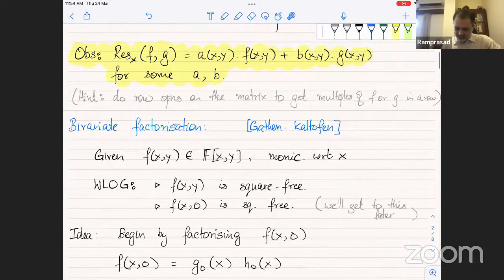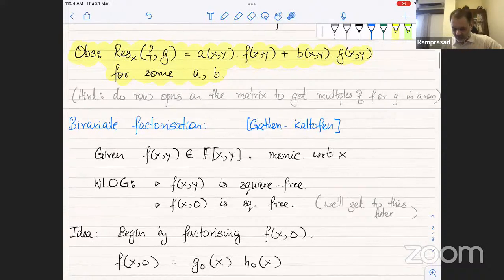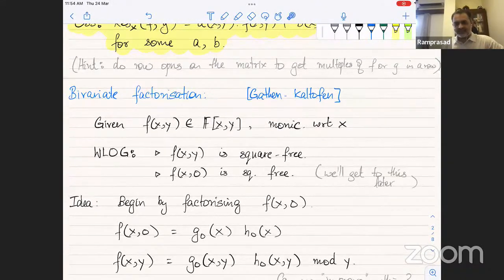Let's say suppose I factorize it and I end up getting some g0 of x and h0 of x. Again, this is something that we know how to factorize because we know how to do univariate factorization. And setting y equal to 0 is the same thing as basically going mod y.